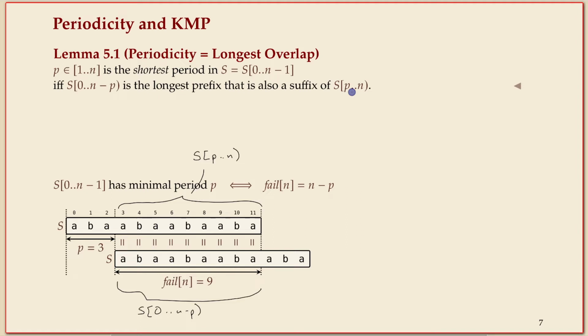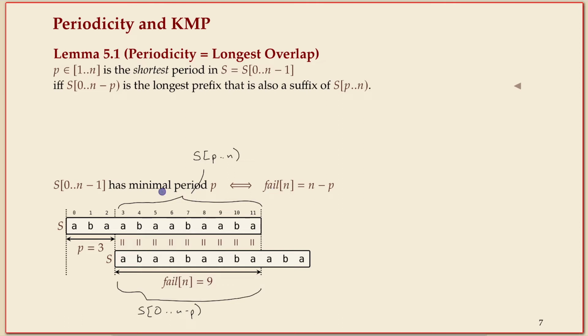What's also true is that the longest prefix that's also a suffix of s has length n minus p. And that's something I told you in the last unit. Please memorize. You remember the red box? That's exactly the failure function of the KMP algorithm.